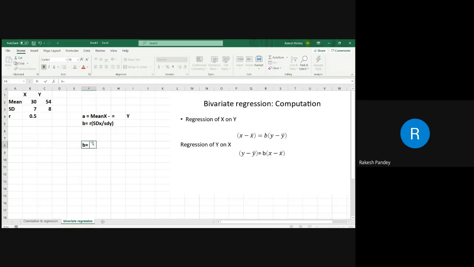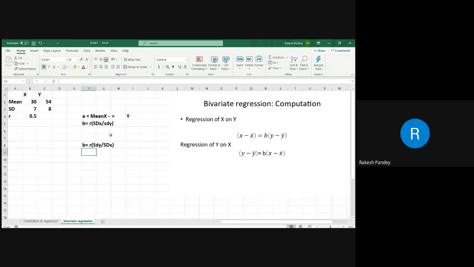I will be happy. r into, y on x, so SD y. The standard deviation of y will be the numerator and the standard deviation of x will be the denominator. No need to rote learn. SD y divided by SD x. Okay. So this will be the value of b.